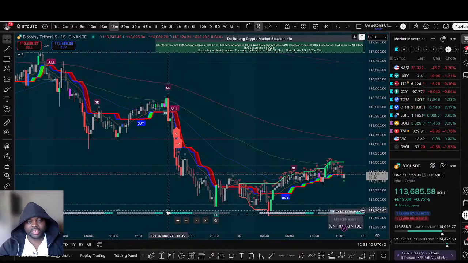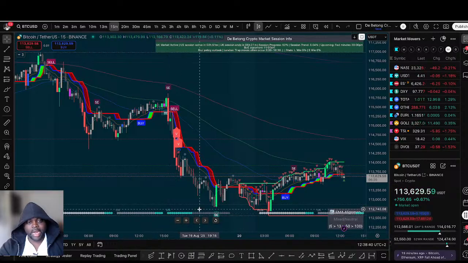You can see US usually moves the market either to the downside or to the upside. US usually takes the trend in either direction depending on what UK and Asia have done. So UK usually continues the trend of Asia, then US is going to either reverse the trend of UK and Asia, or maybe continue it. You just have to understand how to apply it.